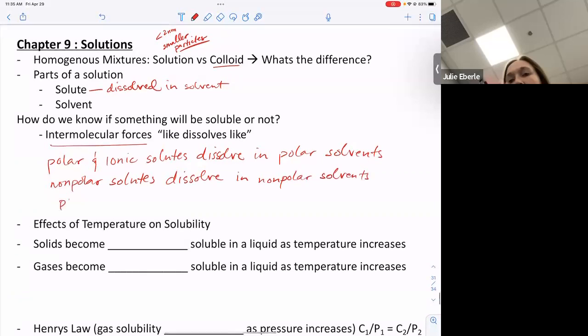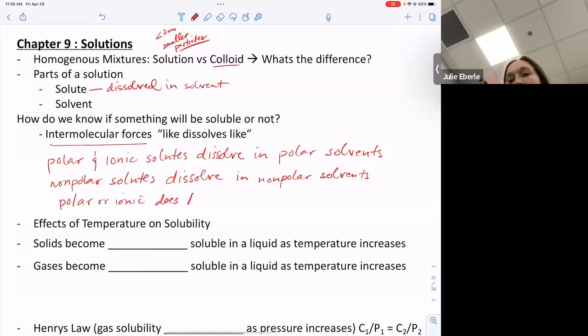But we said polar or ionic does not dissolve in nonpolar. And vice versa. Nonpolar stuff does not dissolve in polar solvents.